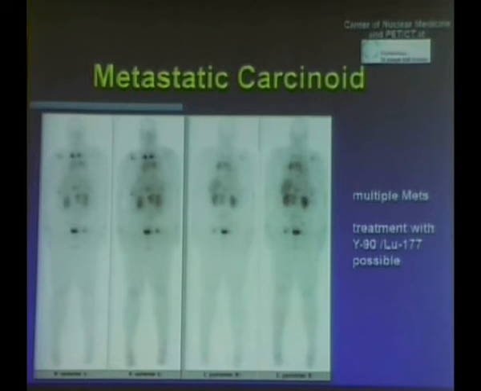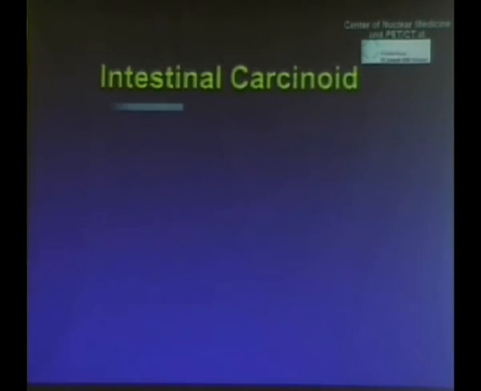Because of this, surgery is no option for this patient. So we have to discuss systemic therapy, and a treatment with radiopeptide therapy is possible in this case, and this was done too. So you can see, because of a whole body scan with a high sensitivity, you can resume what can be done next.